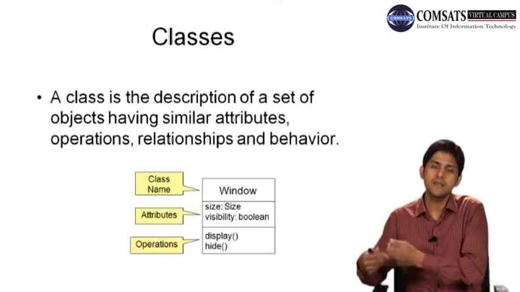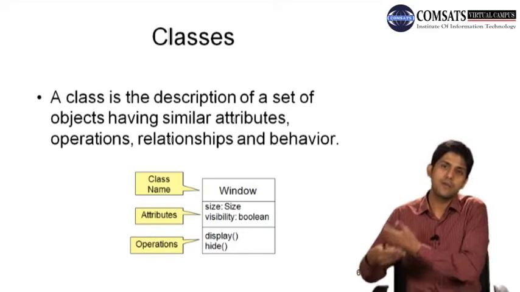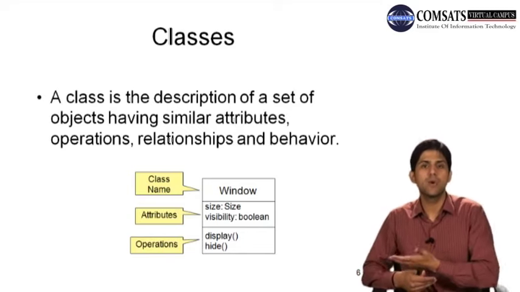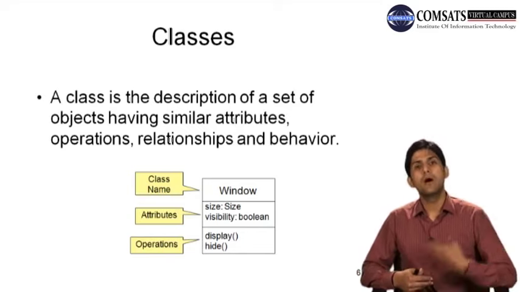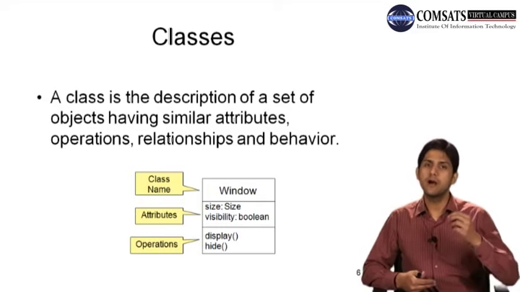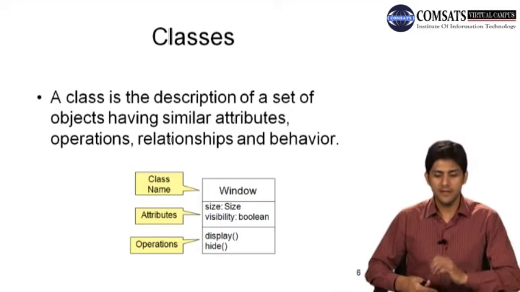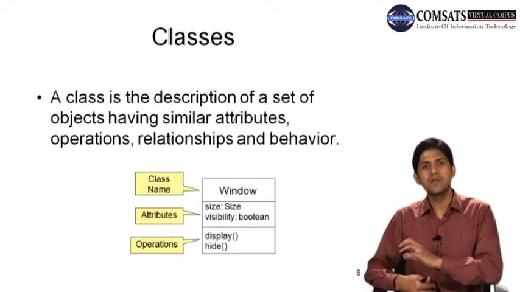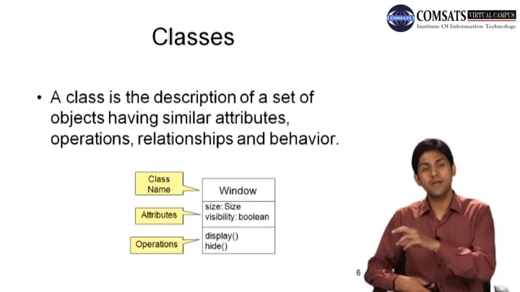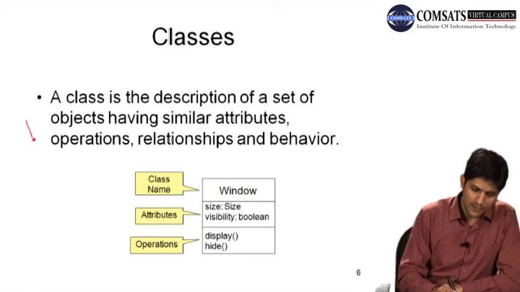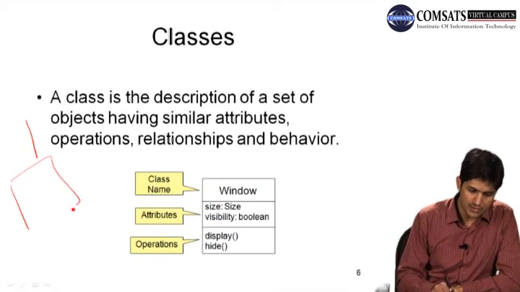So it has a set of objects. Given an example that there is a campus and it has 100 students, these 100 students are all objects of the class student. So basically, let's say we have this student class.